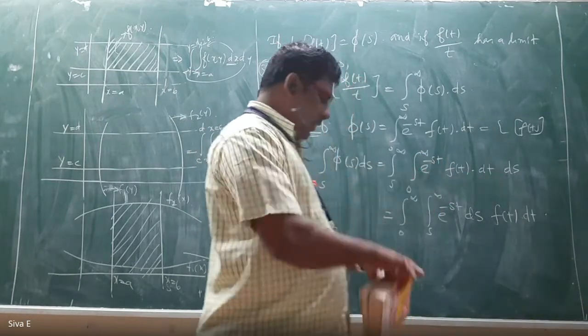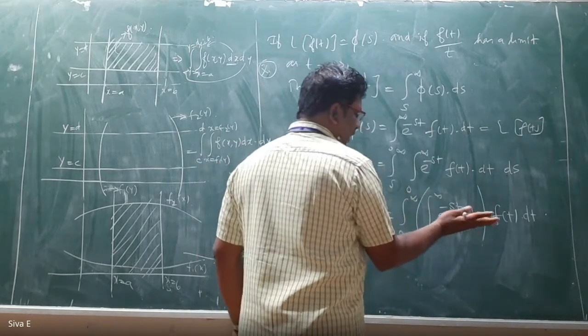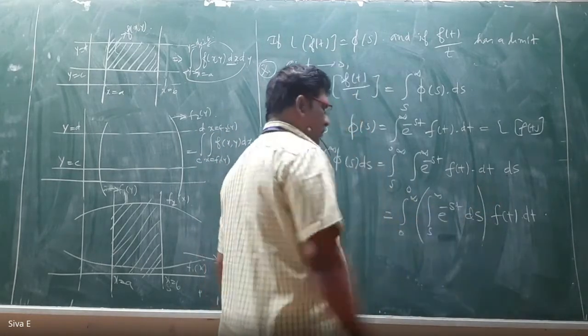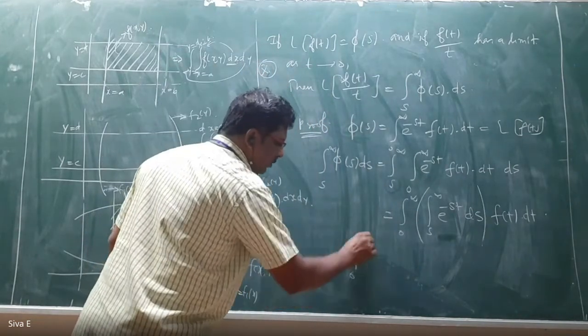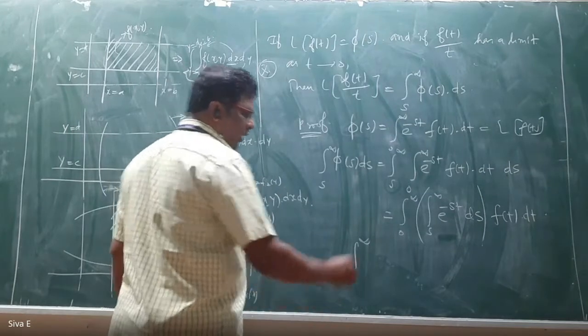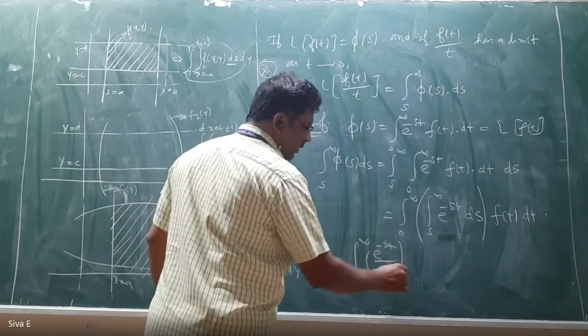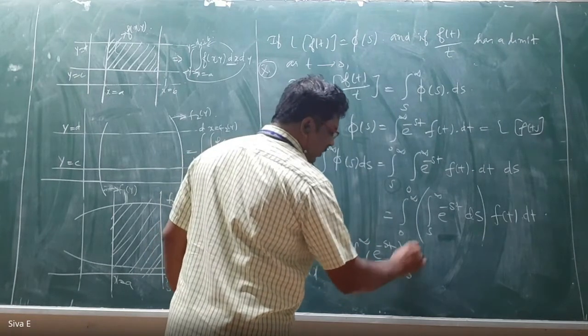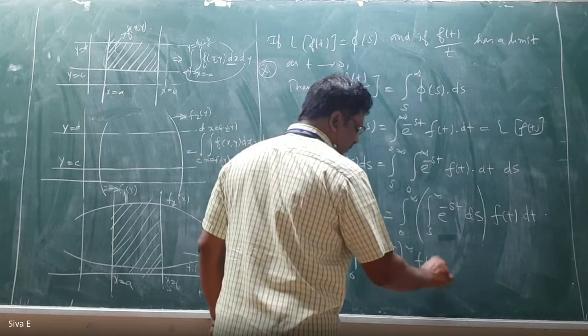Therefore, we can write the ds separately. So what is the integration value? That is equal to integral over 0 to infinity e power minus st by minus s, integral over s to infinity f of t dt.